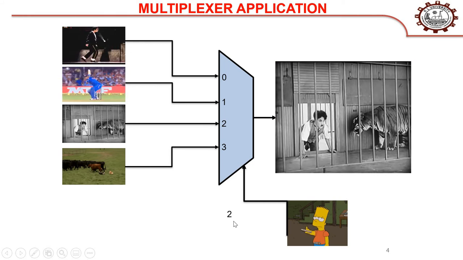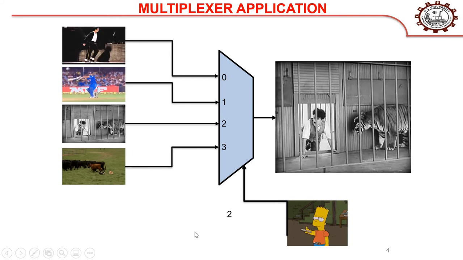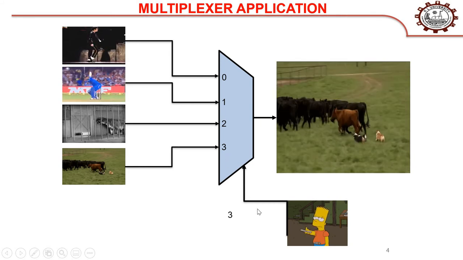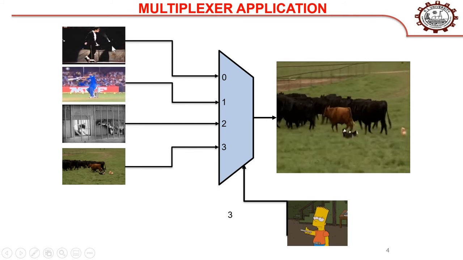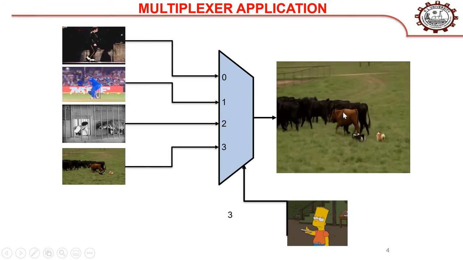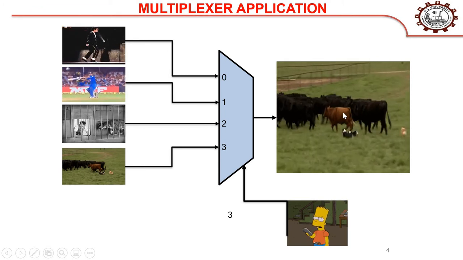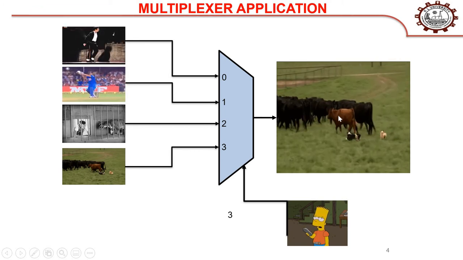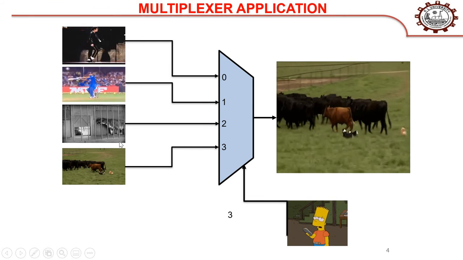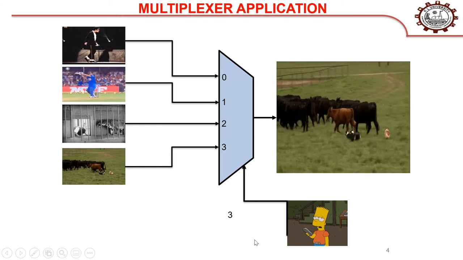Similarly, if you press 2, you can see the next channel, and if you press 3, the next channel. That means based on the selection, any one channel according to your choice is what you are able to see. So this multiplexer is doing data selection. Whatever data is connected at the input is processed to the output based on the selection.